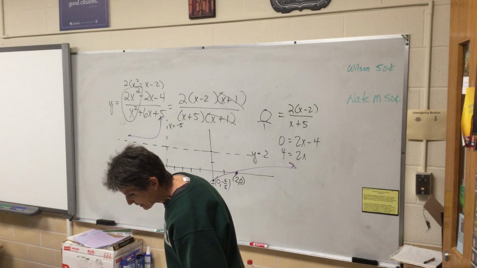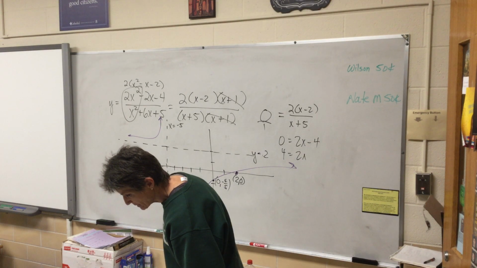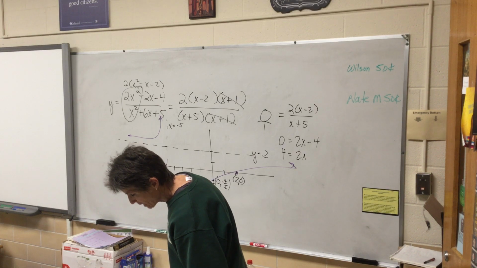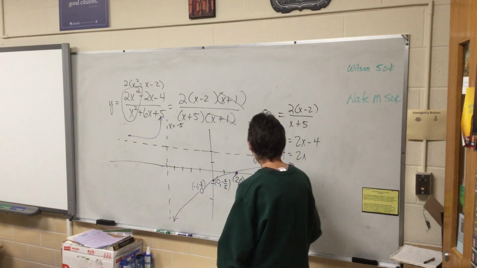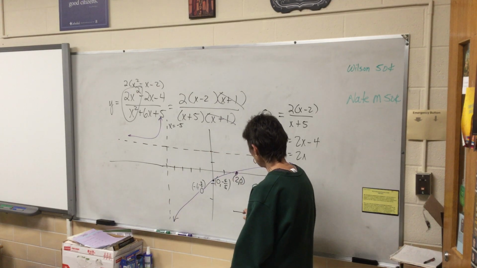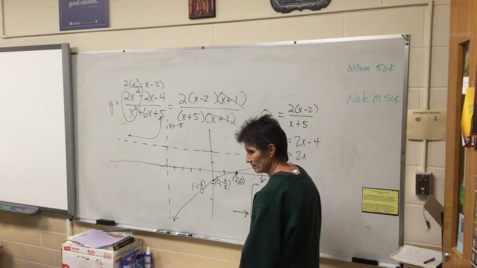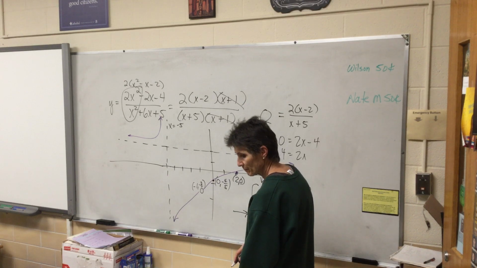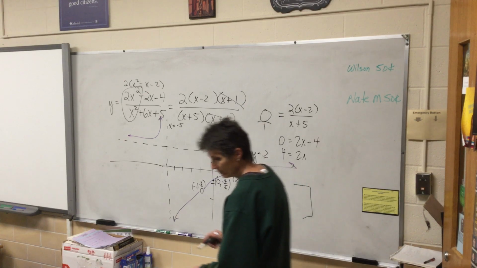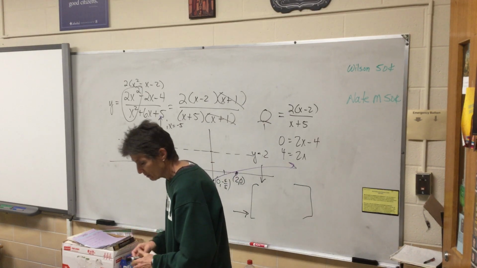Okay, find the second row, rows go sideways, and then the first column. -1. Here's the second row, here's the first column. What number is in the second row, first column? 3. There we go.